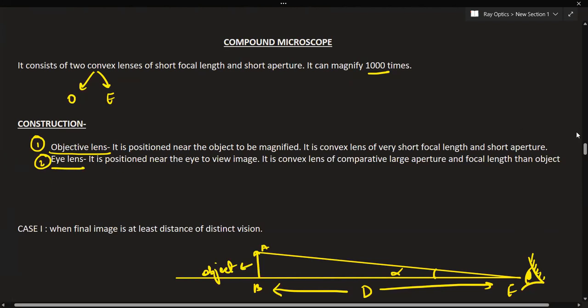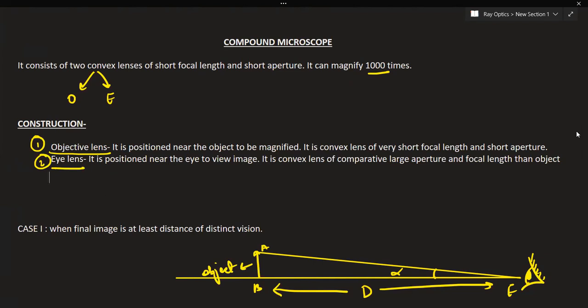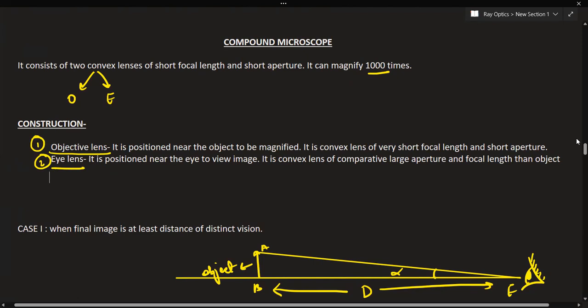Now see, again you will be having two cases in case of compound microscope. Before going into the derivations, let me write the formula in short.